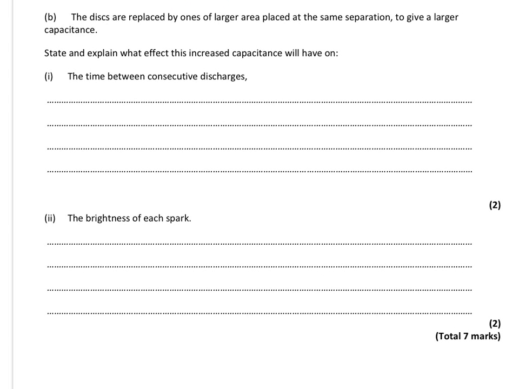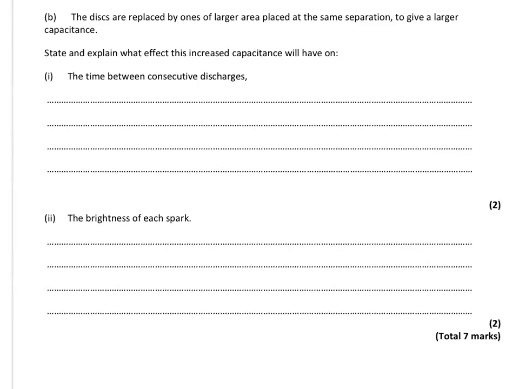So if we replace the disks with ones with a larger area, so they have a larger capacitance, we need to think about what will happen to the time between discharges. So it discharges every time it reaches the breakdown potential. So if it's a larger capacitor, it takes more charge to reach the same potential.